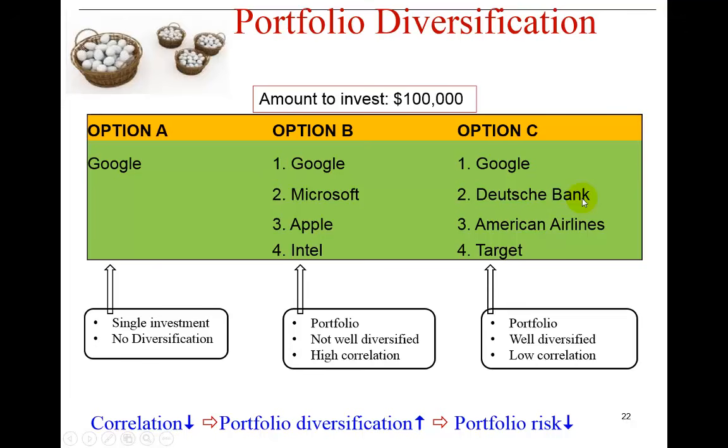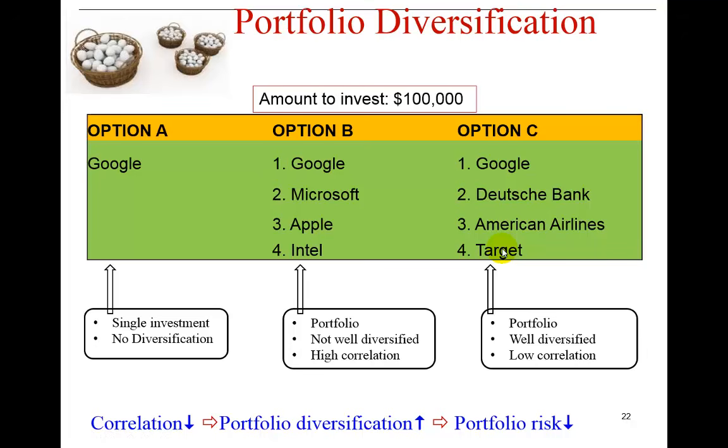Now then, consider our portfolio C. We have Google, which is a high-tech stock; Deutsche Bank, which is a financial services stock; American Airlines, which is an airline stock; and Target, which is a retail stock. So as you can see, these firms are pretty different one from another.